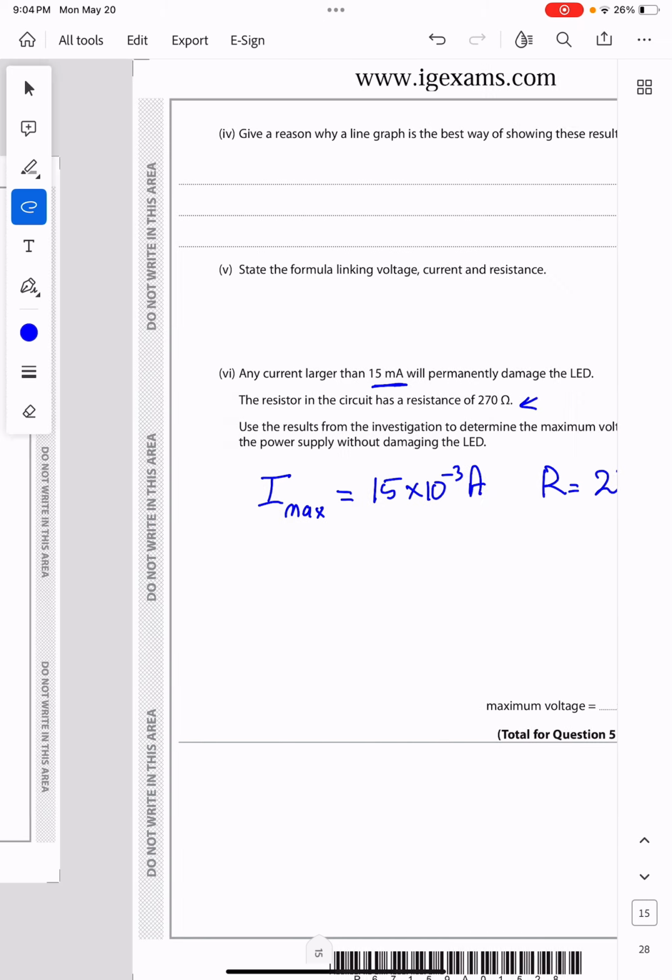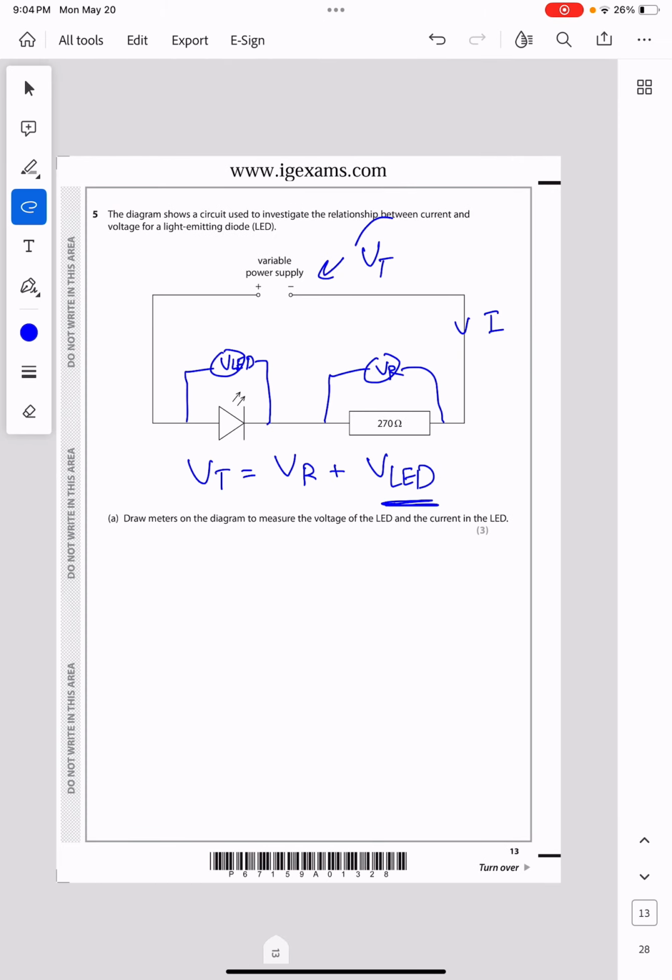Use the results from the investigation to determine the maximum voltage of the power supply. It means they're asking about this here: how much V total we should give the circuit by the power supply in order not to produce a current that damages the LED. So we have to find this one, the total.